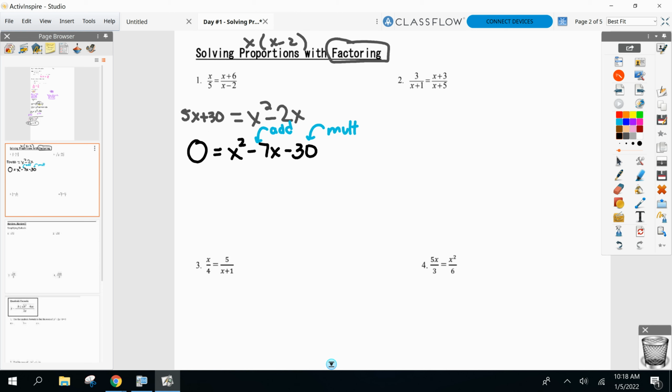So right now in your group, you're going to talk it over. Find those two numbers that multiply to negative 30, but at the same time add to negative 7. Go right ahead. Find your two numbers. Start with the multiplying if you're struggling. Find numbers that multiply to negative 30 first and see if you can get a 7 out of it.